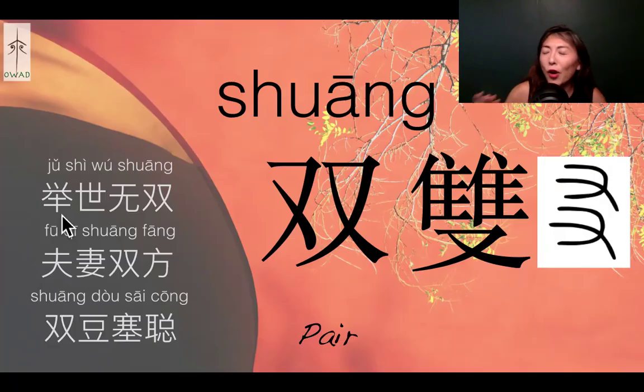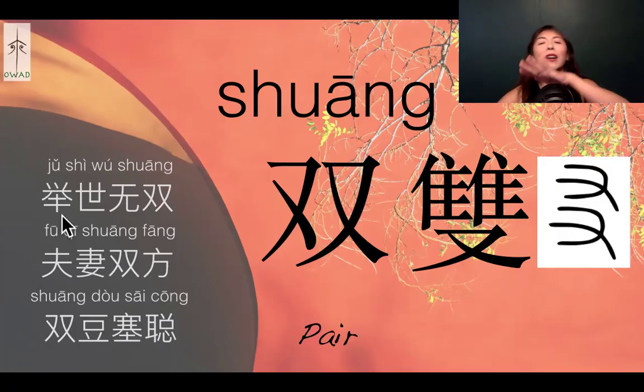无双, no pair. Chinese say no pair, but really it says no peer. Like it's peerless throughout the whole world. That's a Chinese, I guess, supreme compliment to somebody who is so outstanding that this outlier becomes peerless. 举世无双.